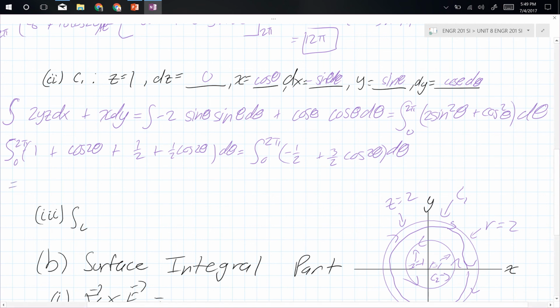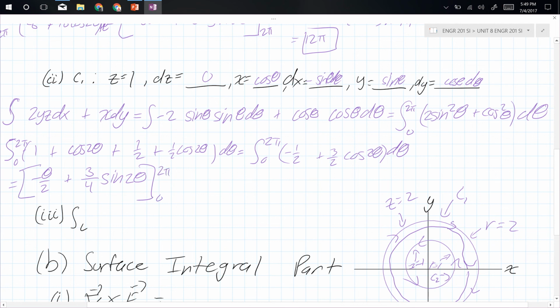And then integrate. It would be negative theta over 2 plus 3 over 4 sine 2 theta, going from 0 to 2 pi.